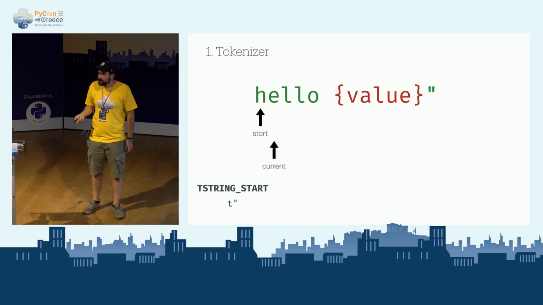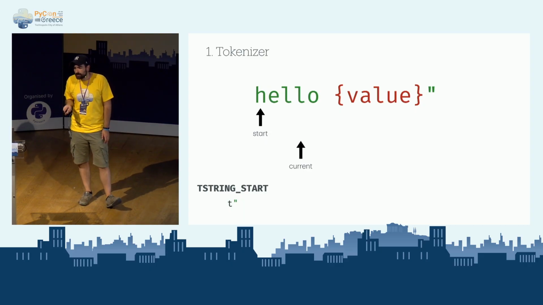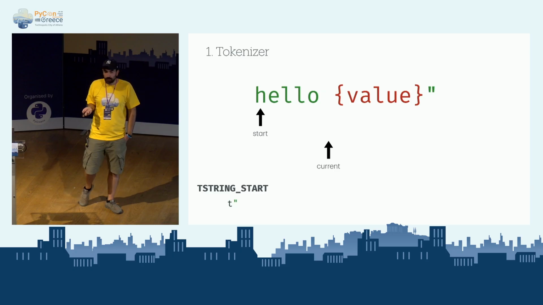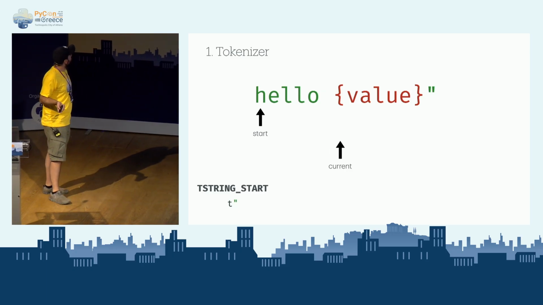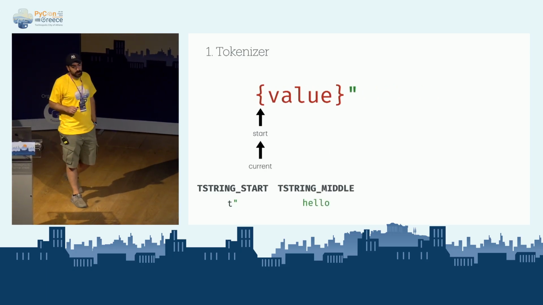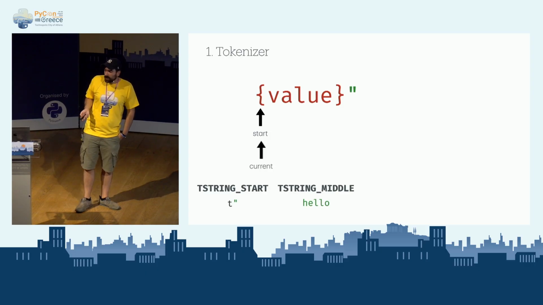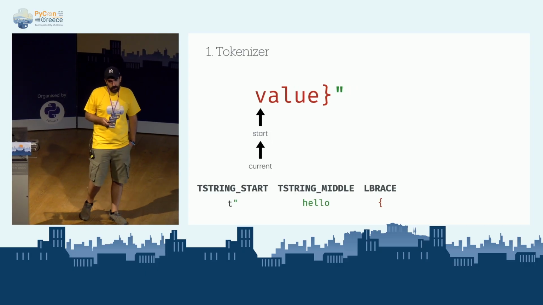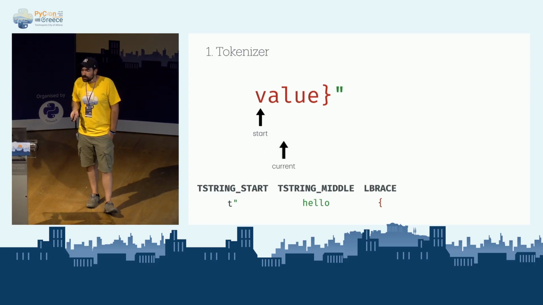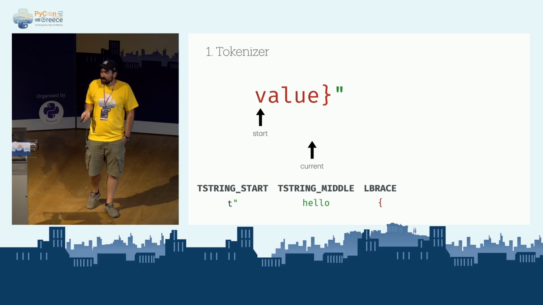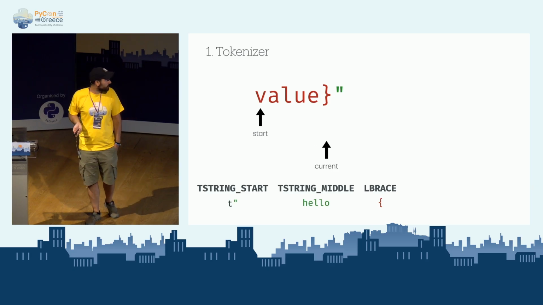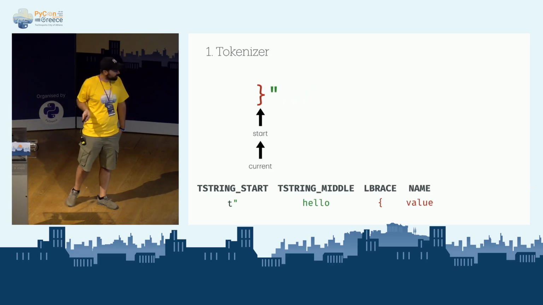So, for example, the next token is going to be hello, and that's a T-string middle. And then the brace is a token by itself. Then the value is going to be a name token. And the tokenizer knows about all of this.